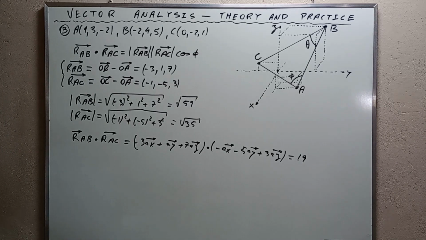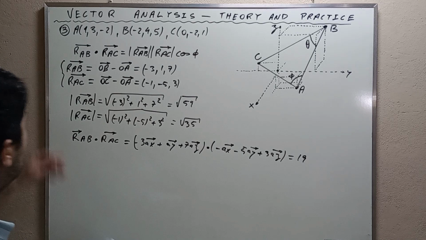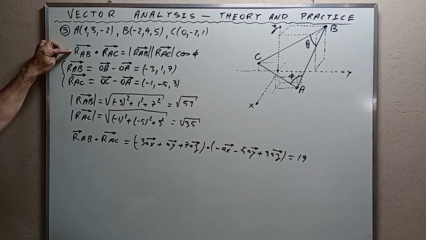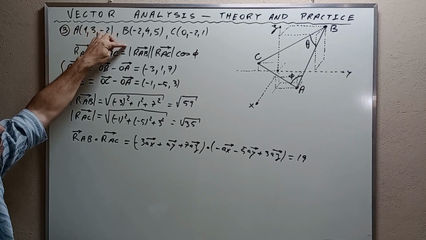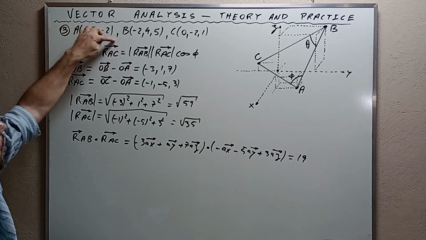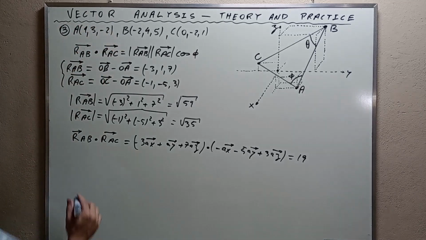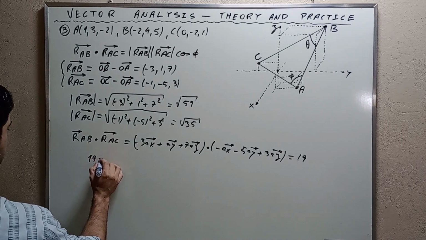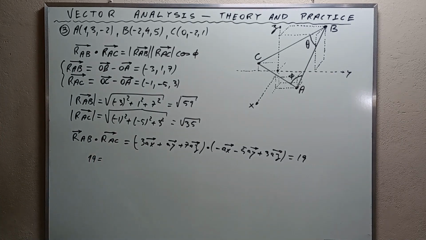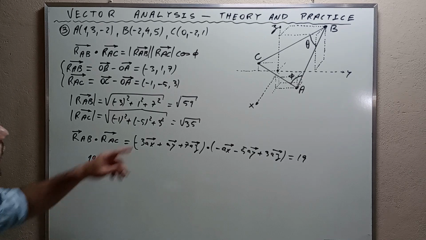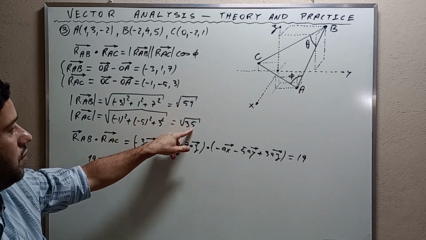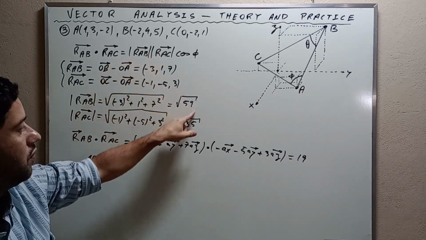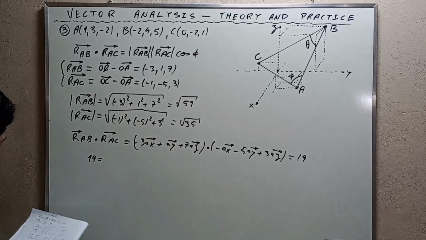We have everything now. We are going to use this expression here in the place of this term here. We put 19. We are going to substitute this and this by this and this, okay?